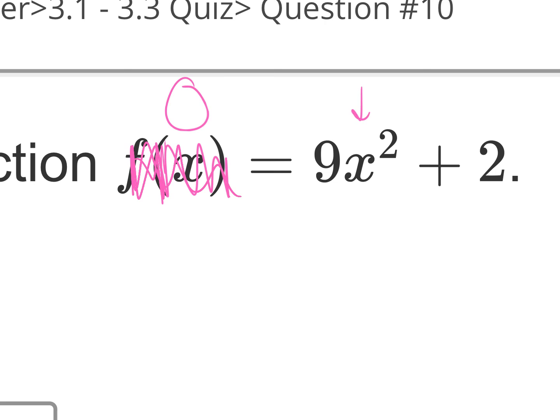So I got to get that x squared all by itself. So what should I do first? Subtract 2 on both sides. So 0 minus 2 would be negative 2 is equal to 9x squared. Divide both sides by 9. So x squared is equal to negative 2 over 9.